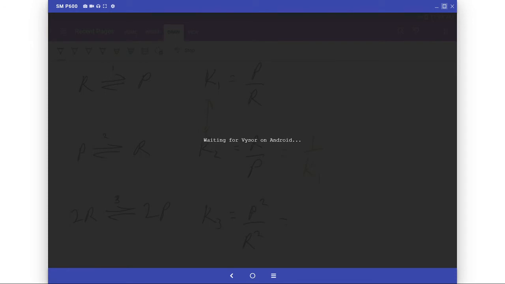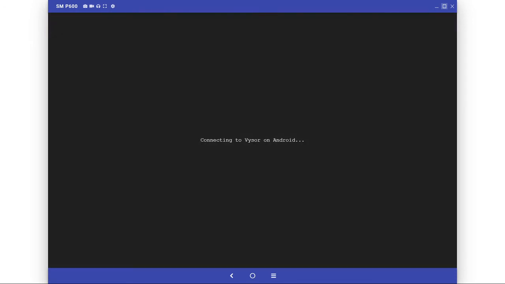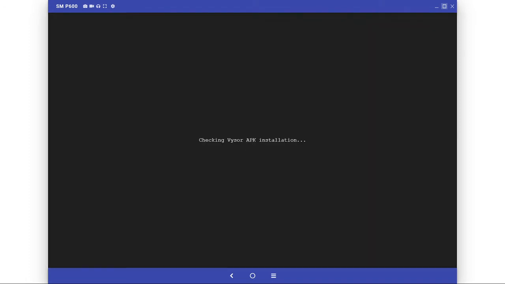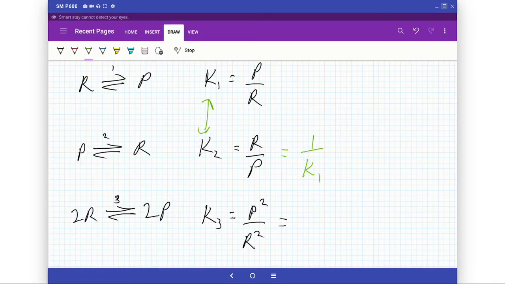How does that relate to K1? It'll come back, I hope. It's K1 squared, as presented in the chat.